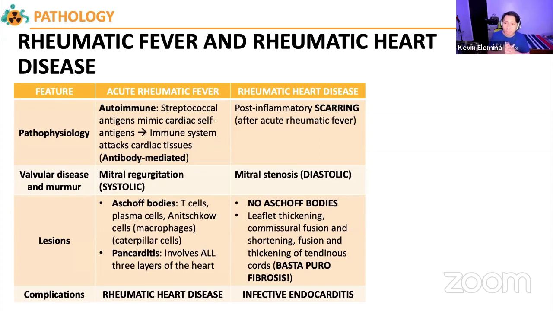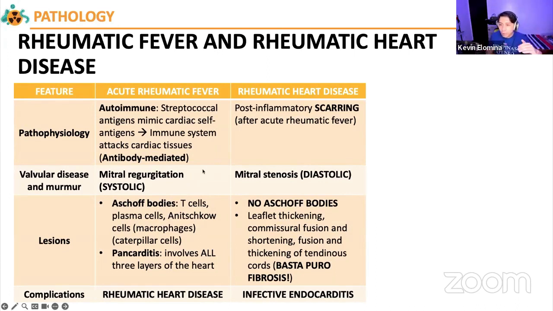Ang nangyari dito ay molecular mimicry because there's similarity between your streptococcal antigens and your cardiac self-antigen. So the body attacks your heart. Okay? And doon mo nakikita yung Aschoff bodies, your Anitschkow cells, and the clinical presentation is usually acute MR or mitral regurgitation. Now, you know that this is an autoimmune disease.